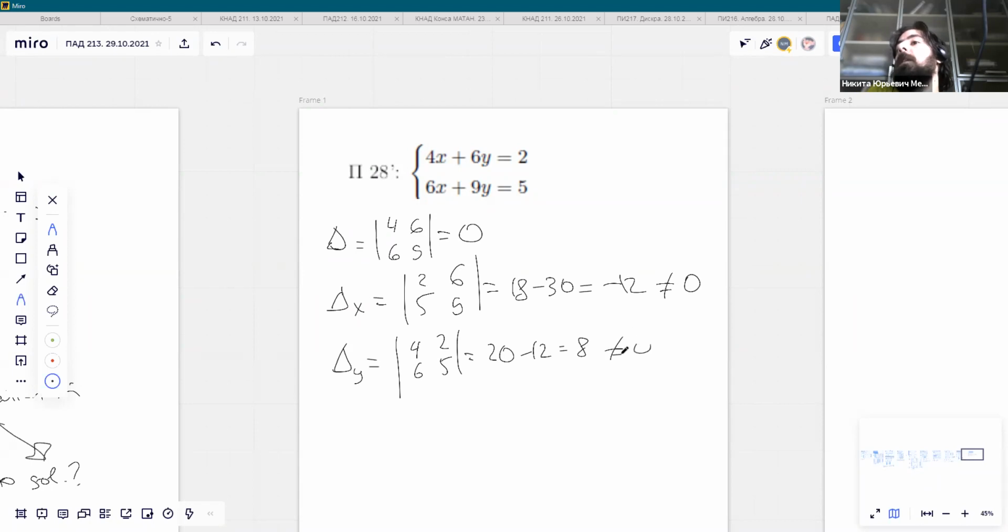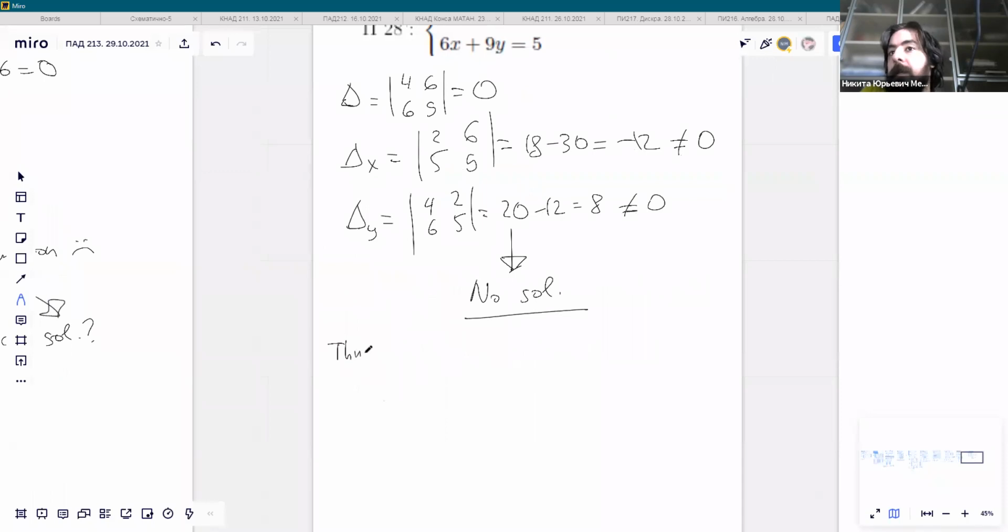It doesn't really matter which particular numbers. So here we also can't use Cramer's rule. You can't divide by 0, but there is a theorem that says that in this case, we can immediately find out that there are no solutions.